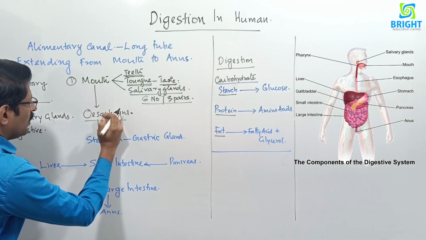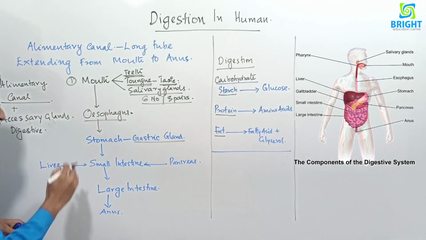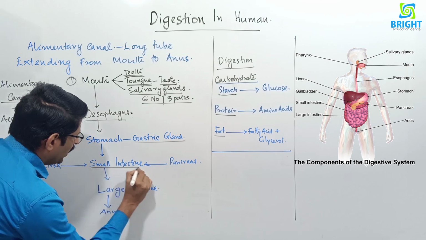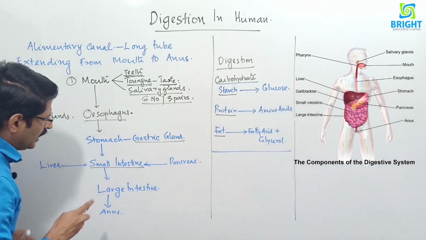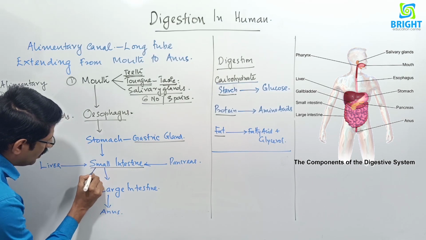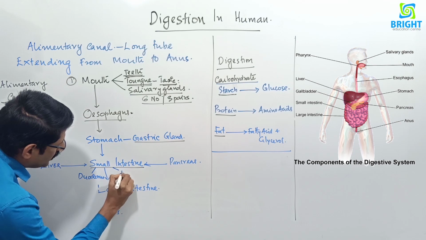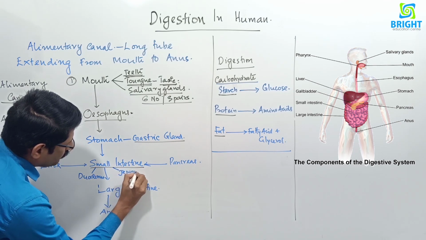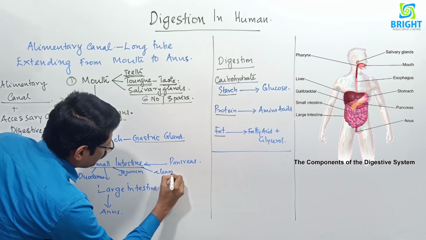So mouth, esophagus, stomach containing gastric glands, and after the stomach there is the small intestine, which has three major regions: duodenum, jejunum, and the third part is ileum.